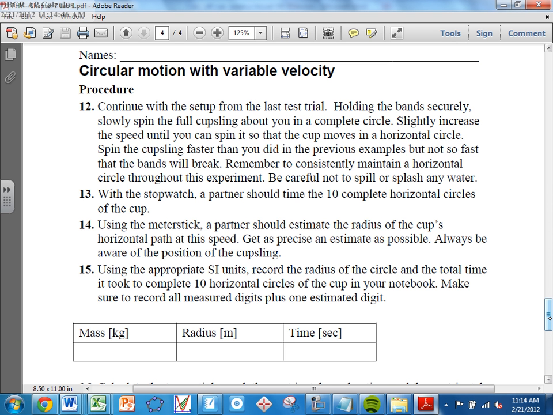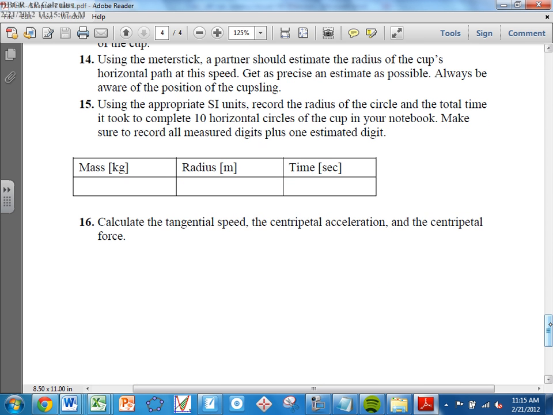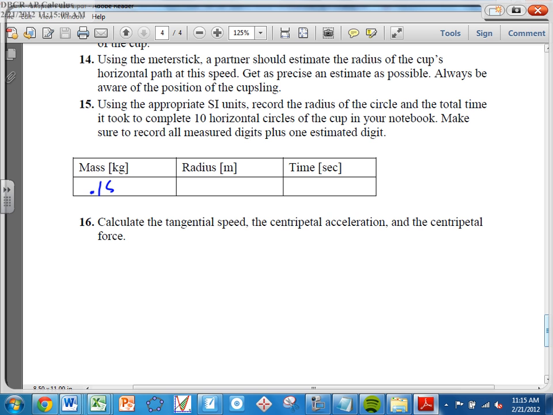For the second half, your mass was supposed to be what here? 0.185. This one was supposed to be the smaller mass. What was the reason? What did we do with this one? We spun it faster. Remember, the goal was to spin it faster. If you used 370 here, I don't know how you could have done that, because spinning that one fast was almost impossible.